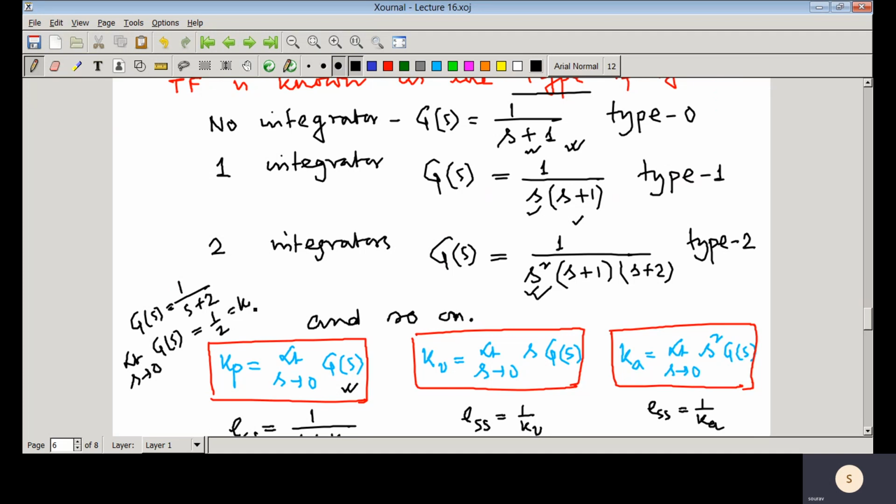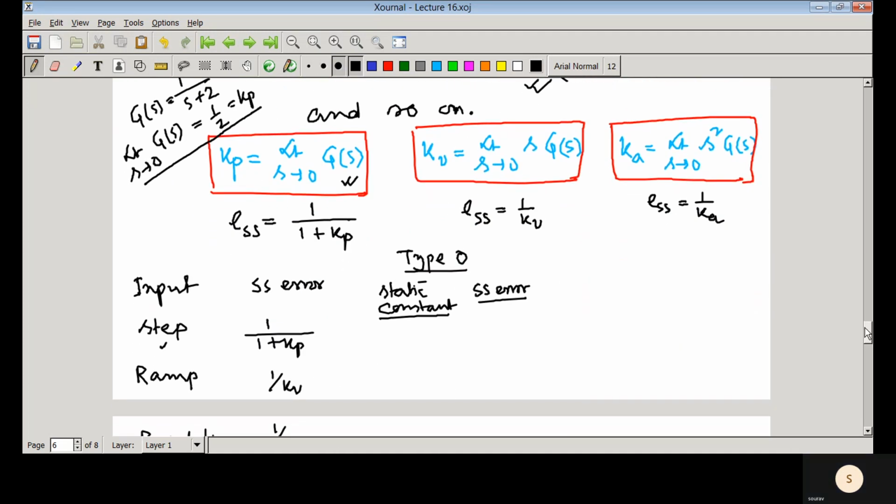So that means this is that Kp. So Kp would be finite whenever the system is a type 0 system. So this is actually a finite value, a finite constant, and the steady state error that you would have is 1 by (1 plus Kp).